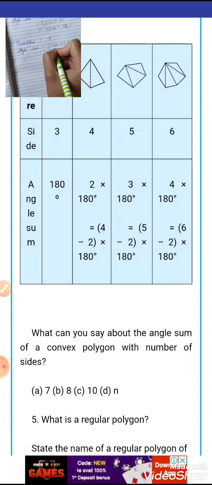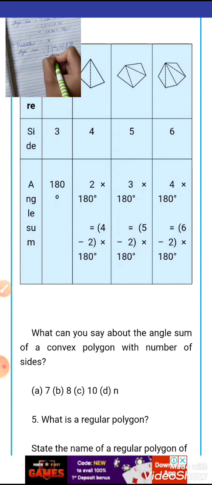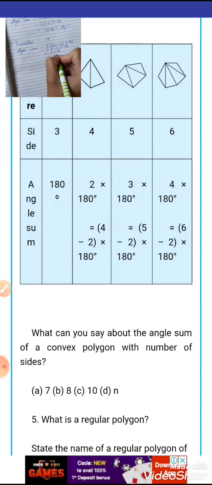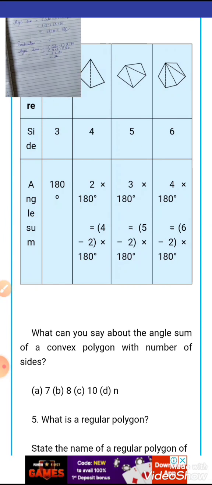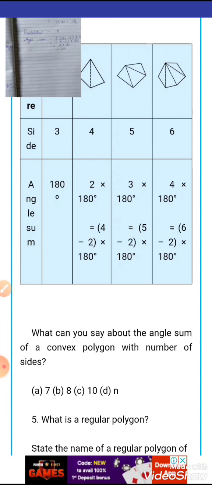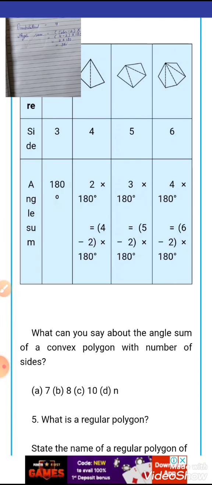A quadrilateral has 4 sides, so (4 minus 2) multiplied by 180. 2 multiplied by 180, and our answer is 360 degrees. So the sum of interior angles of a quadrilateral is 360 degrees. Similarly, we can find the sum of interior angles of any polygon by this formula.